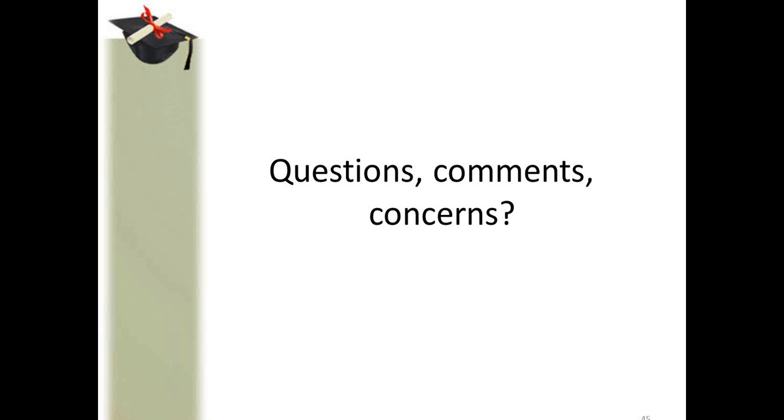Okay, Sheila, this next one will be for you as well. What is the difference between option 1 and option 2 for the special diploma? Good question. Basically, option 1 is more rigorous. It has more academic requirements around reading, math, social studies, science, with some opportunities for career and technical education courses as well.